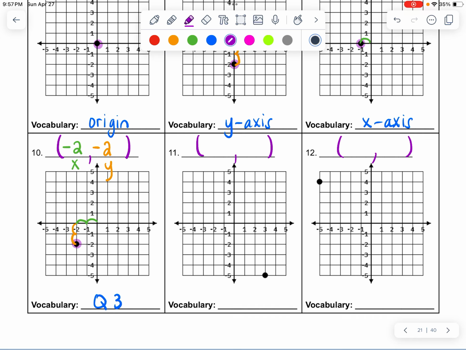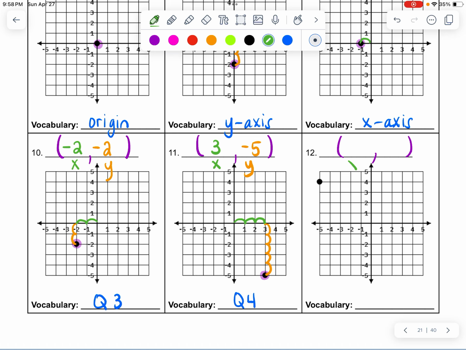In problem number 11, we need to move to the right 3 spaces. And then we need to move down 5 spaces. Our vocabulary is quadrant 4.